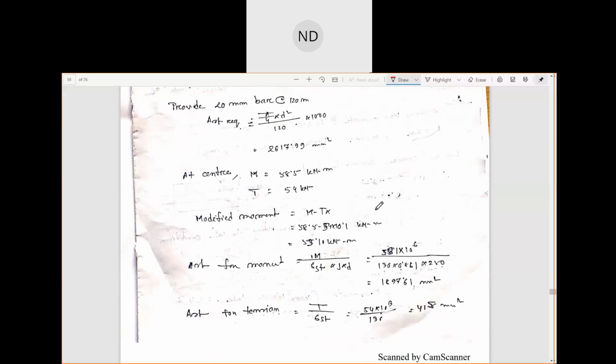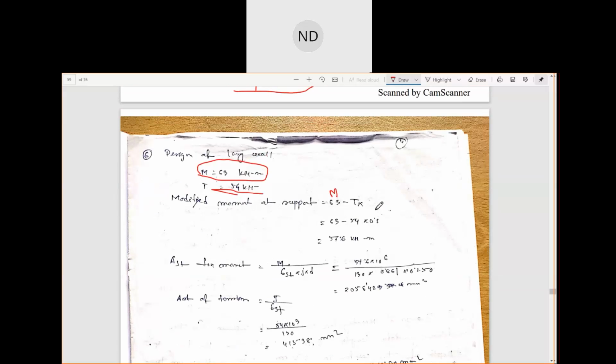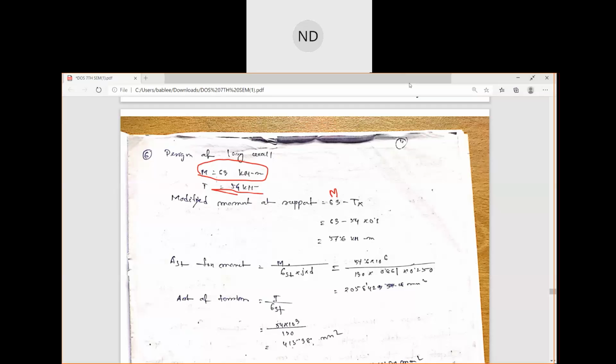Okay, let me see if there is some drawing. So I have to show you. I have to show some annotation again.